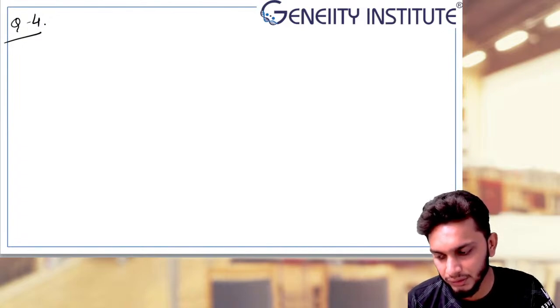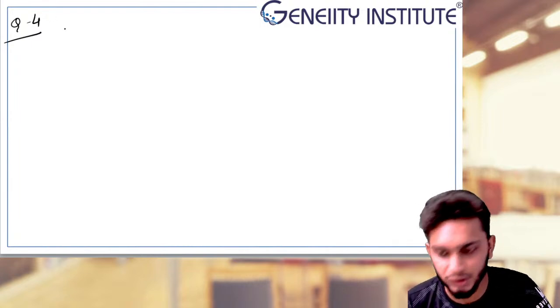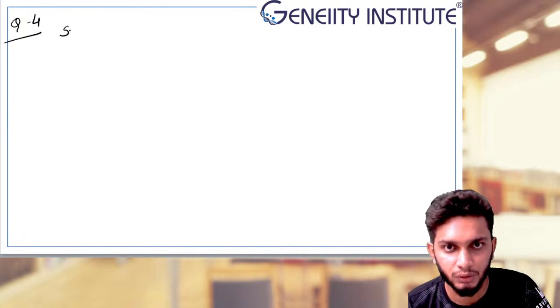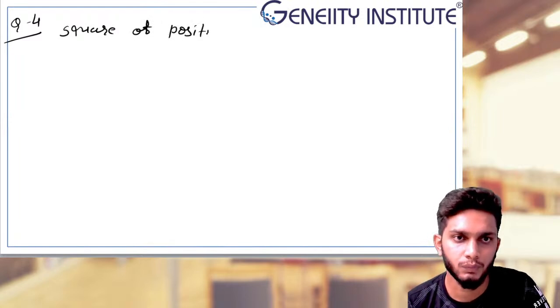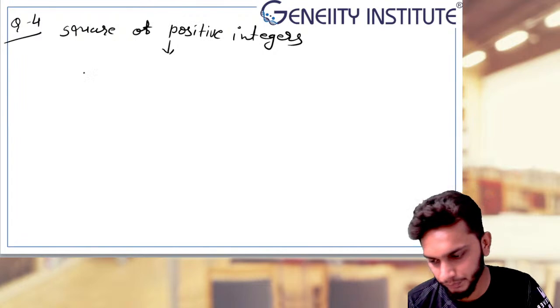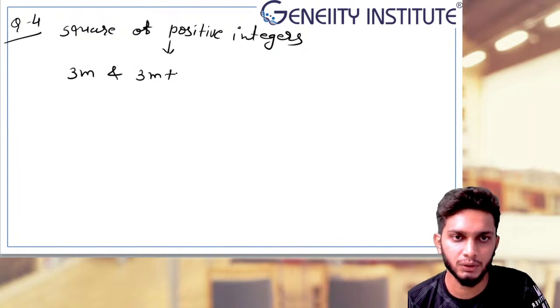Using Euclid's division lemma, show that the square of any positive integer is of the form 3m or 3m plus 1.